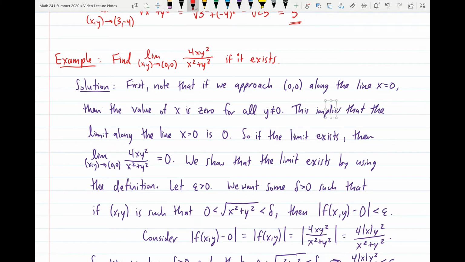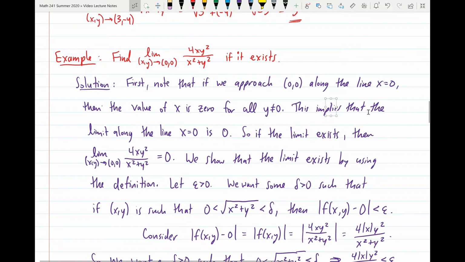So if we're approaching (0, 0) along the line x equals 0, then the value of x is going to be 0 for all of the points on that line. And for that reason, if you take x equals 0 and plug it into our function up here, you find that you get 0 over y squared.